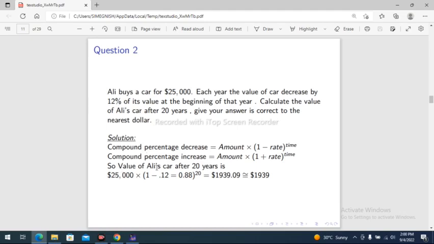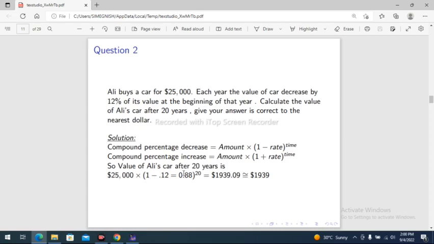So the value of Ali's car after 20 years is the amount, 25,000, times 1 minus 0.12, since 12% is the same as 0.12, which gives 0.88.